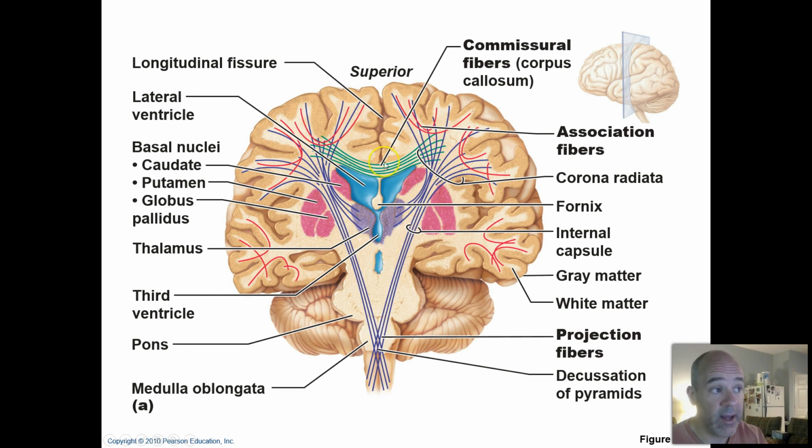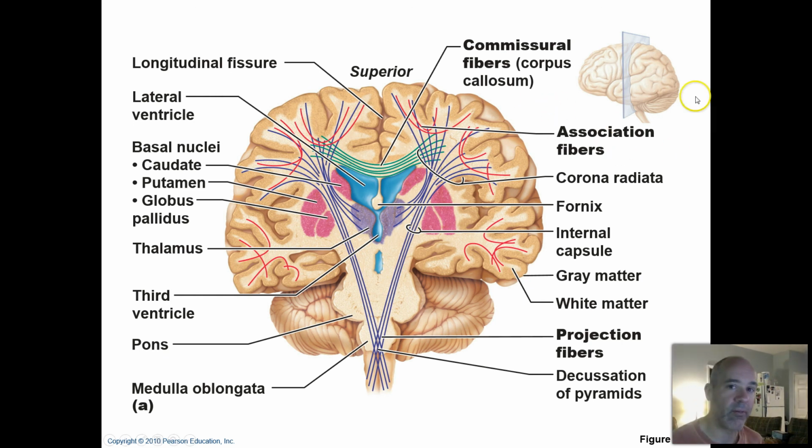In green, for example, you have axons, nerve fibers within the corpus callosum that are extending from the left to the right and from the right to the left. And then in red here, notice you do have nerve fibers called association fibers. Those are axons that are extending from one part of the cortex to another part of the cortex.